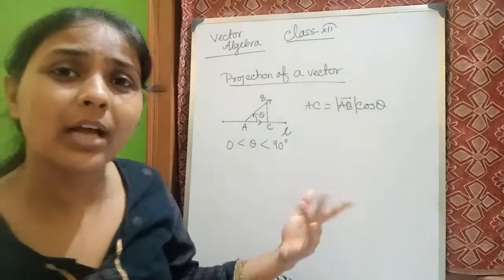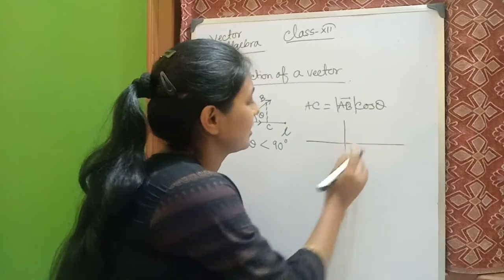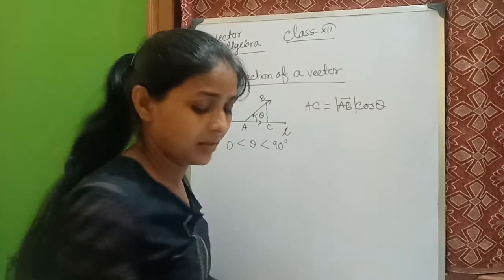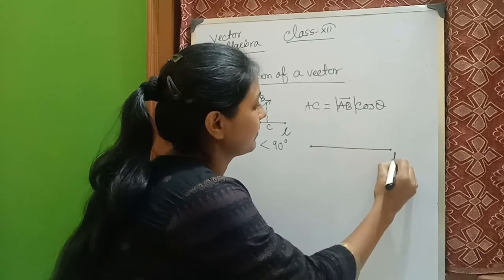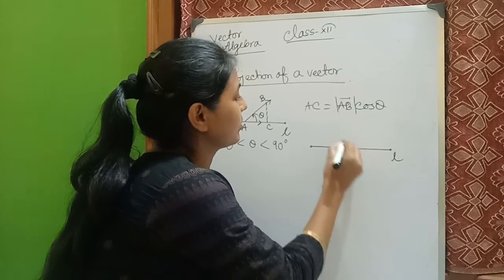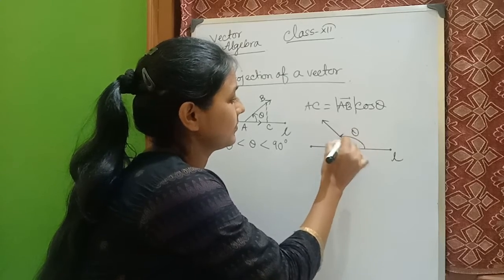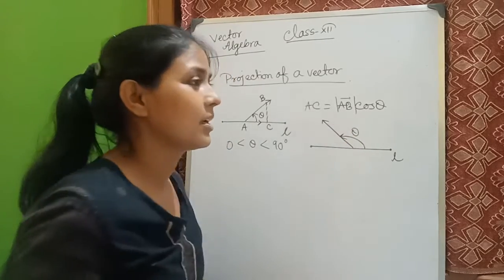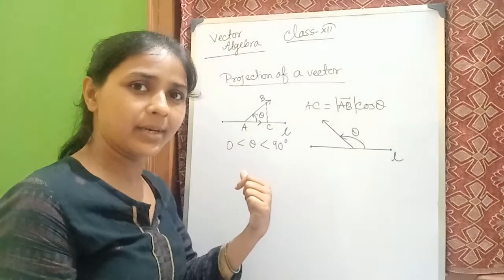So there are four other options. Drawing the line L, suppose like this. This is theta. We will always take theta anti-clockwise.